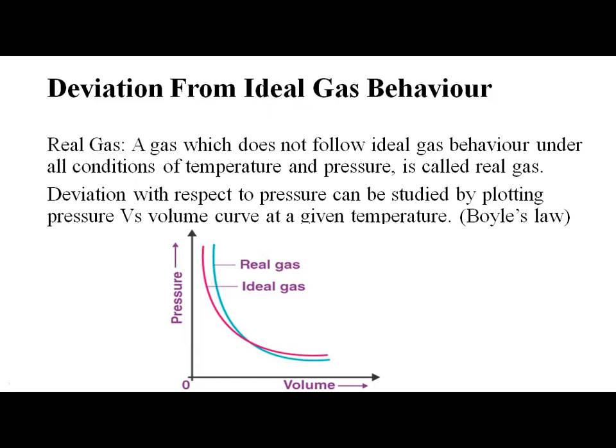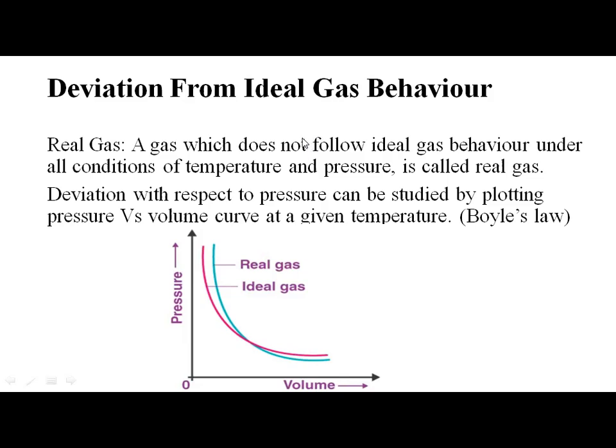Almost all the present gases will not obey the ideal gas equation at all temperatures and pressures. Understanding? And those gases are called real gases. If you see the difference between ideal gas and real gas, the gases tend to show ideal behavior more and more as temperature increases above the boiling point.